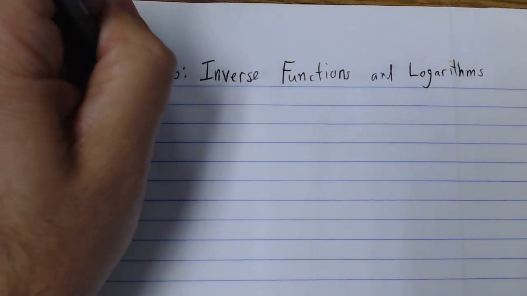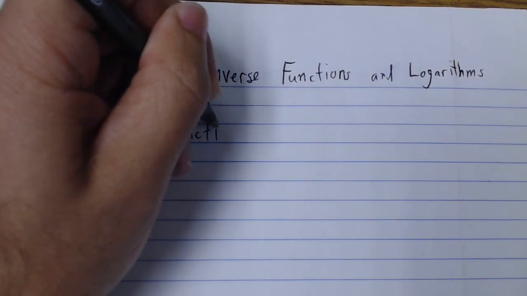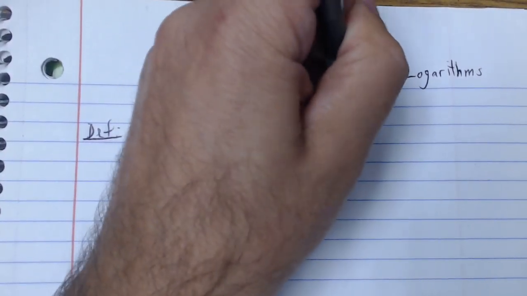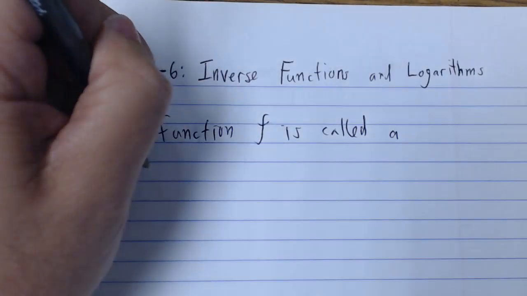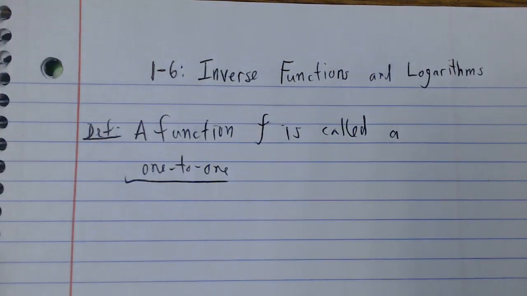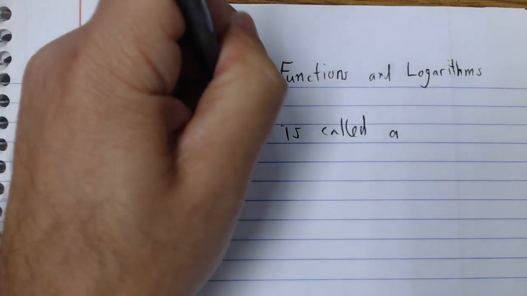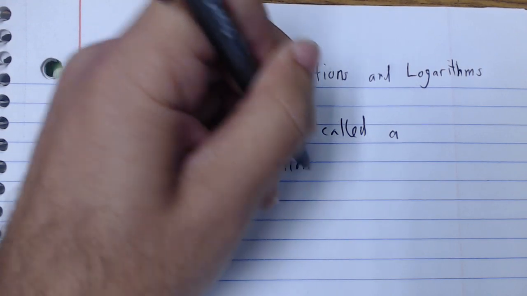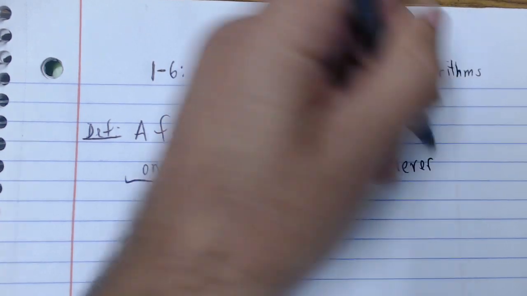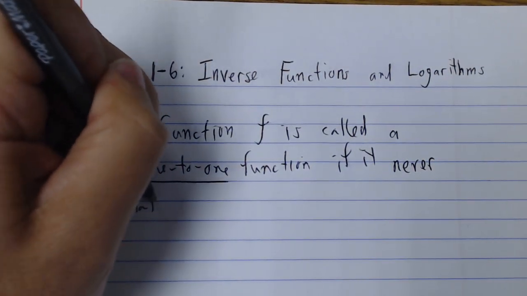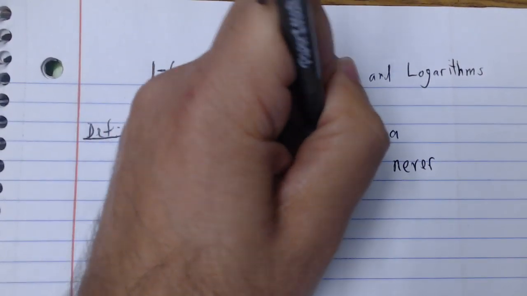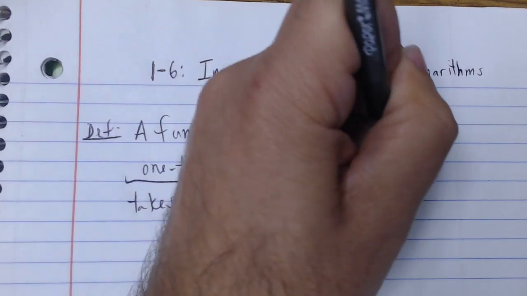So we could say that a function f is called a one-to-one function if it never takes on the same value twice.